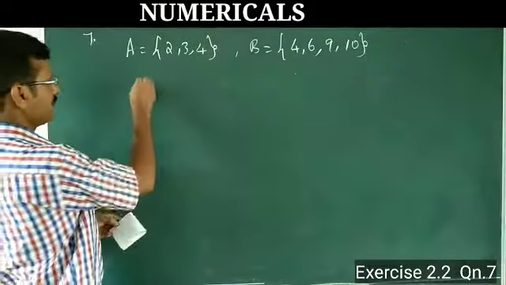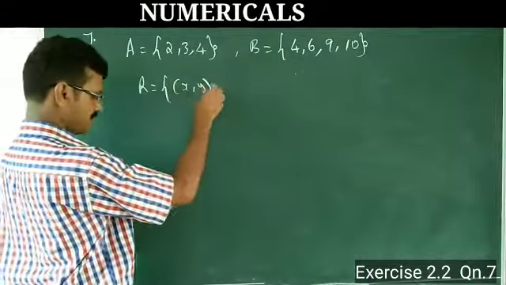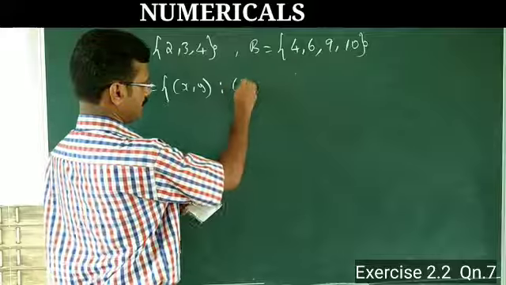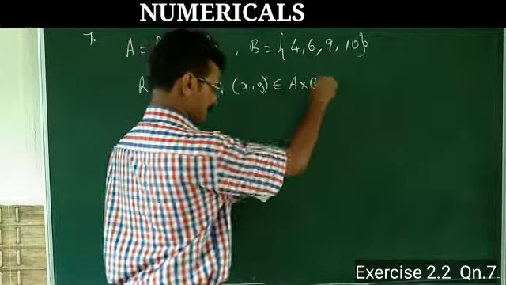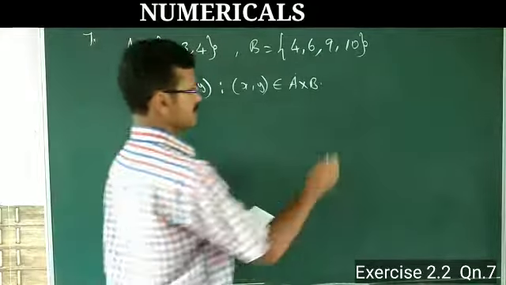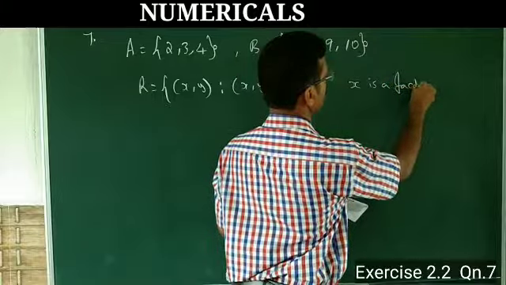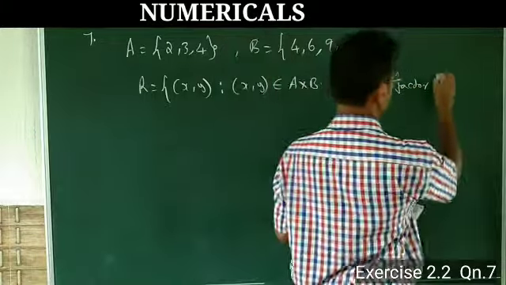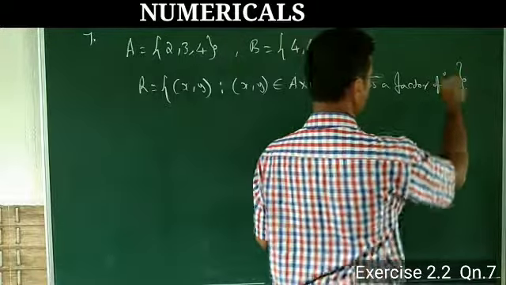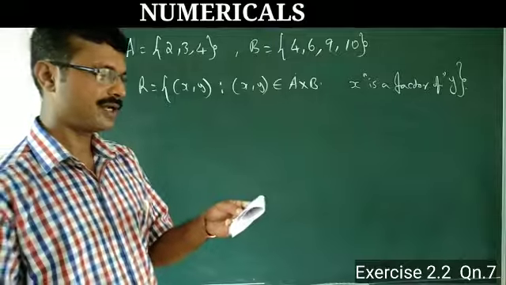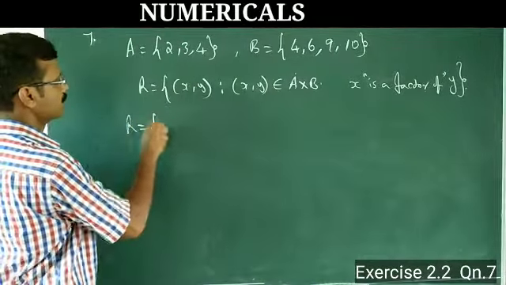And the relation R is specified in set builder form: R equals xy such that x, y belongs to A cross B such that x is a factor of y. So the relation specified is 'is a factor'. We have to write down R in roster form.